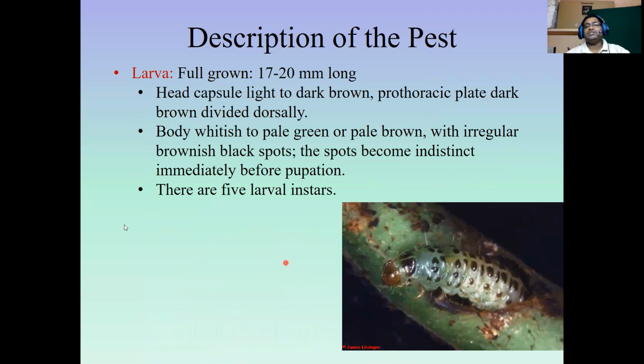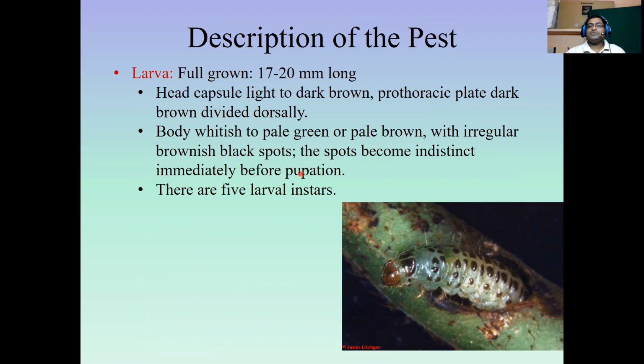It's an easy identification. Now the larva. The females lay eggs on flower buds and terminal junctures, and after hatching, the neonate larvae make webs.